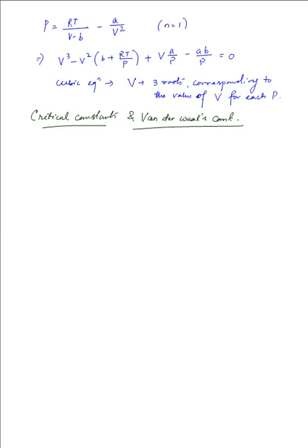Now for the unit mole consideration, we have P equal to RT over V minus B, minus A over V squared, and if we differentiate both sides, we end up with dP over dV equal to minus RT over (V minus B) squared, and for the second term plus 2A over V cube.